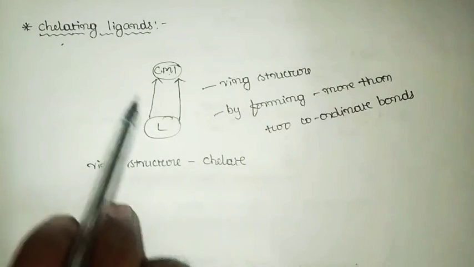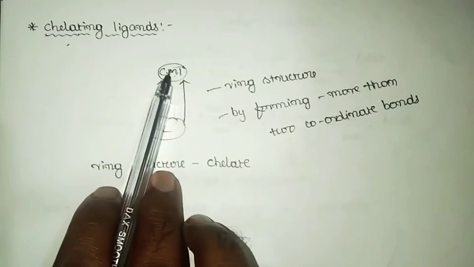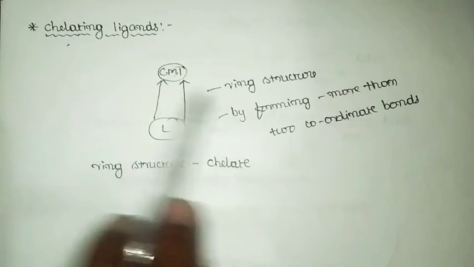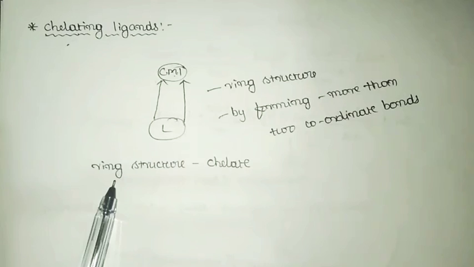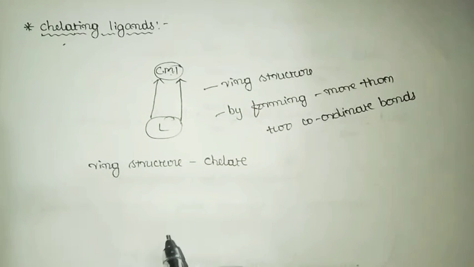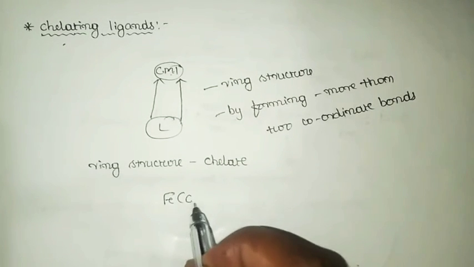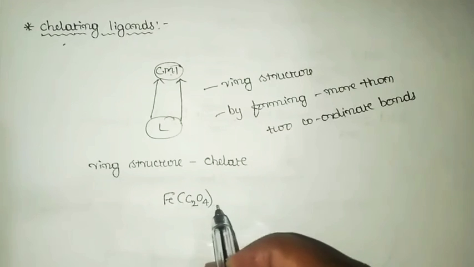So the ligands which have the capability to form a ring structure with the central metal ion are called chelating ligands, and the resulting ring structure is called a chelate. And the chelates formed by the ligands possess greater stability compared to normal coordination compounds. So if you consider one simple example, say Fe(C2O4) thrice.